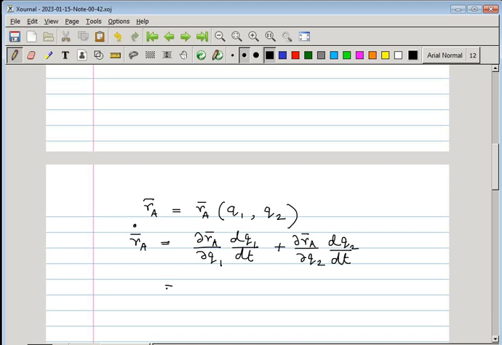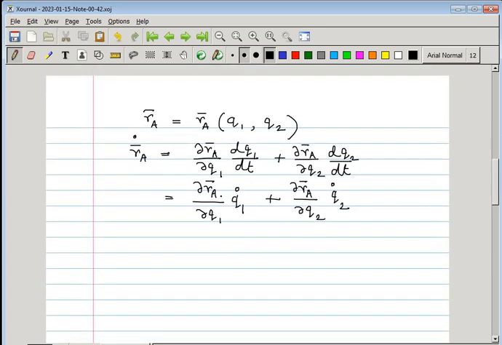or this we can write del RA del Q1 dot plus del RA del Q2 dot.